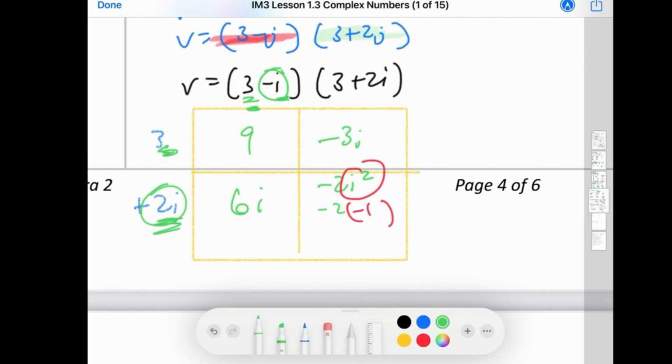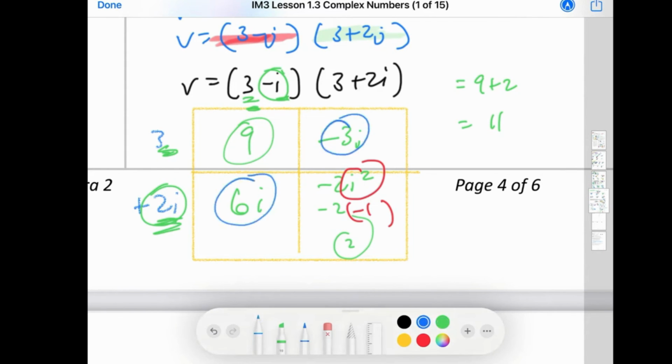So negative 2 times negative 1 gives me positive 2. So I have 9 plus 2, which is 11. And 6, now we're adding, right? 6i minus 3i gives me 6 minus 3, which is just plus 3i.